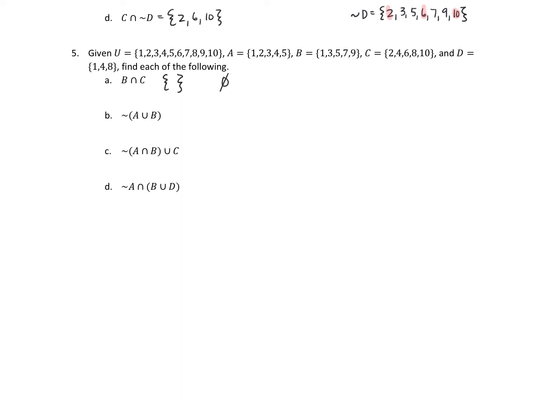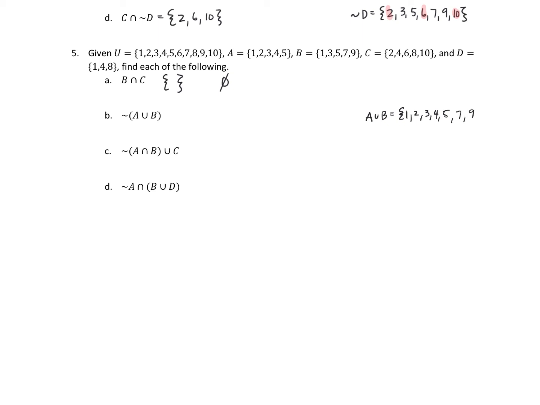Okay, so part B, we're looking for the complement of a union. So first we need to look in the parentheses and figure out what A union B is. A includes the numbers 1 through 5, and then B includes all of the odds. So 1, 3, 5 are already there.